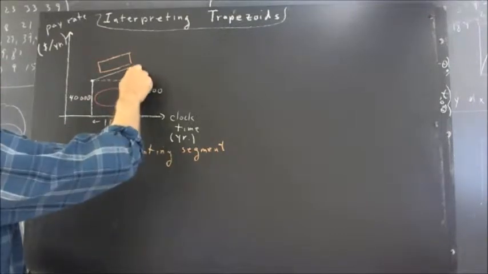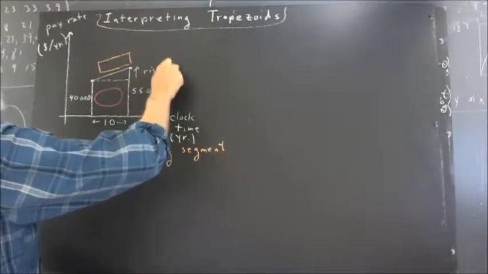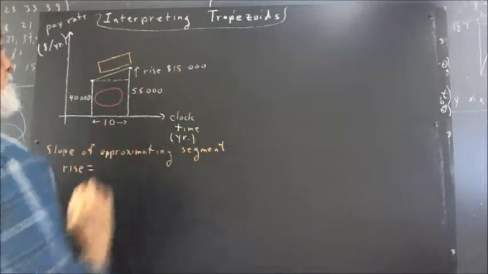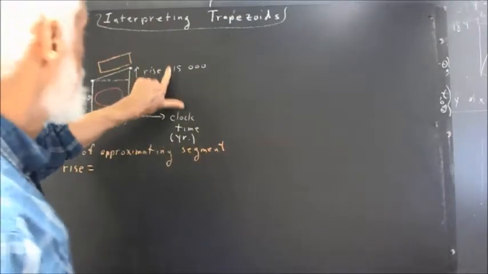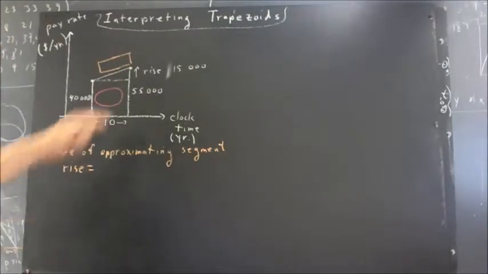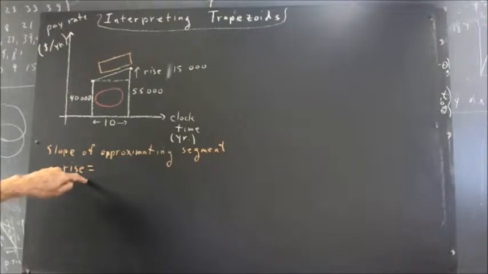So the rise is very clearly 15,000. Well, actually it's $15,000 per year, but we're not going to include the units at this point. We'll include them down here.